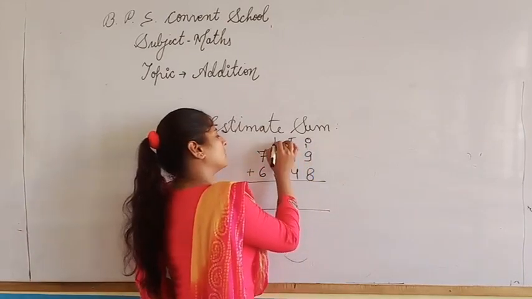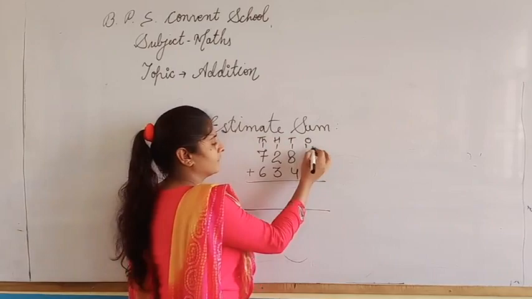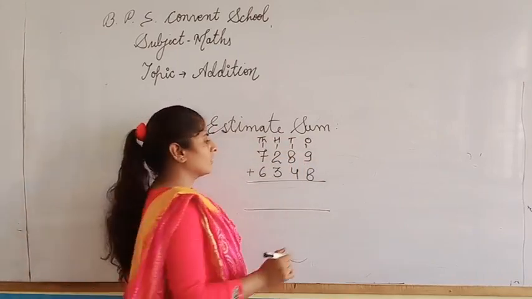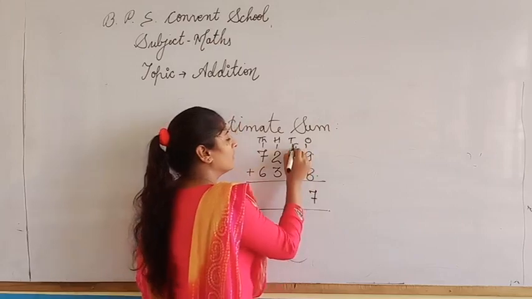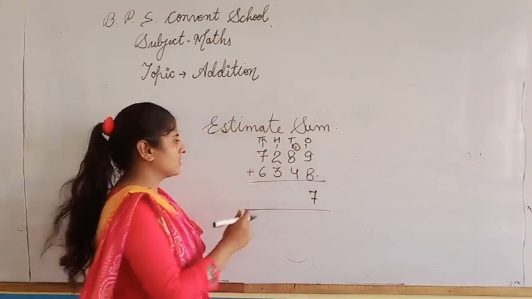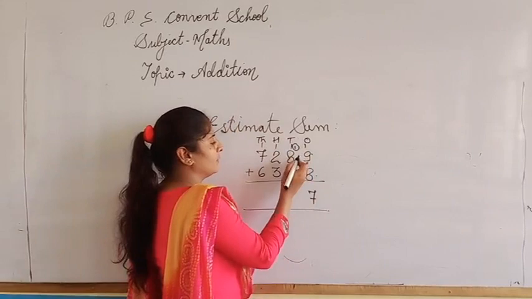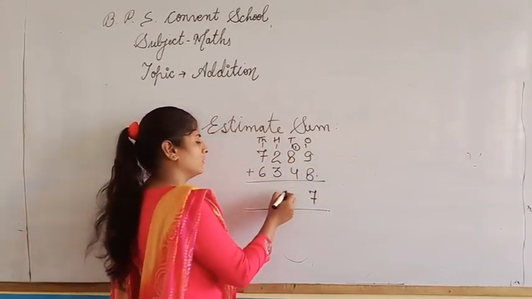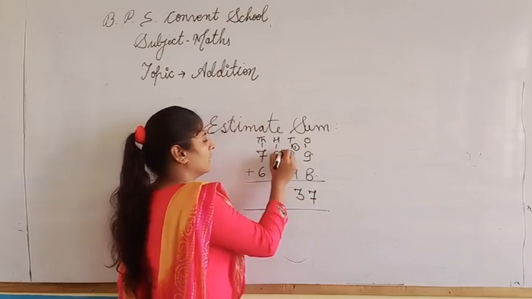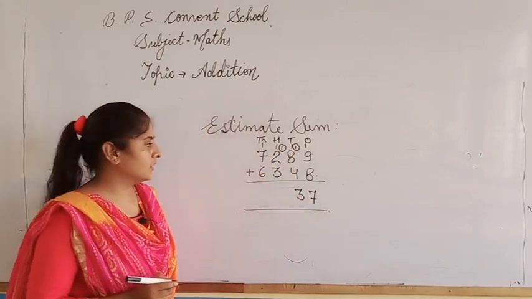Ones, tens, hundred, thousand. First we add the ones column. 9 plus 8 is 17. Carry over 1. Next tens column. 1 plus 8, 9. 9 plus 4, 13. 3 here and 1 this side.